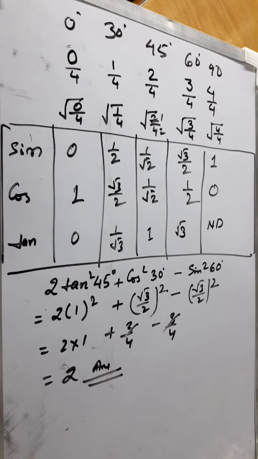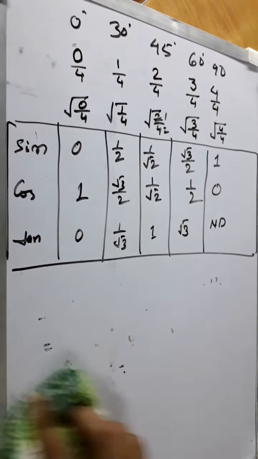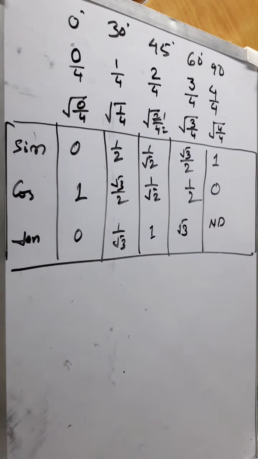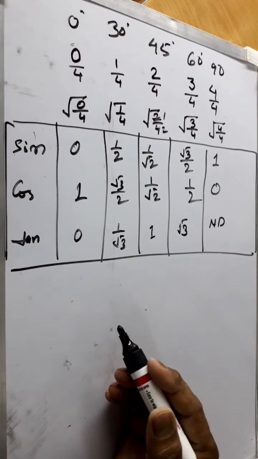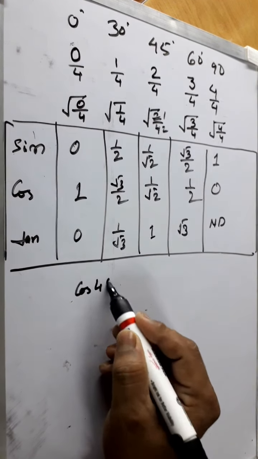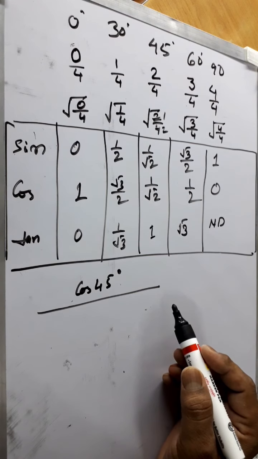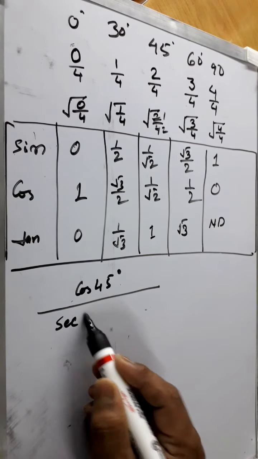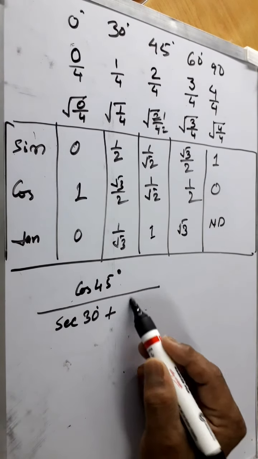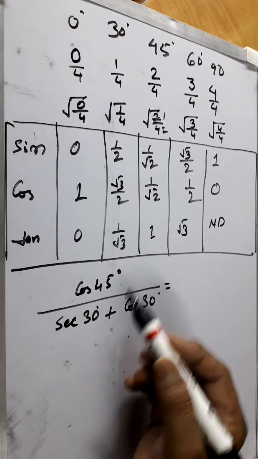Now we will solve another question. Cos 45 degree upon sec 30 degree plus cosec 30 degree. Now we will put their values from here.